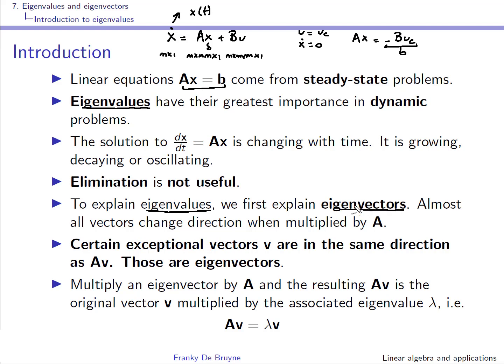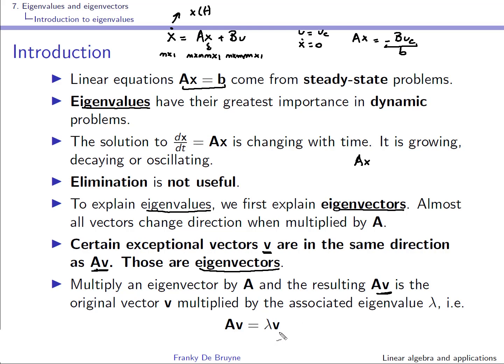So you know that in general, if you take a vector x and you look at Ax, well, Ax will not be in the same direction as x, but there are some vectors which are a bit special, and they are such that Av is in the same direction as v, and those vectors are called the eigenvectors of A. So multiply an eigenvector by A, well, the resulting Av is the original vector multiplied by the eigenvalue.